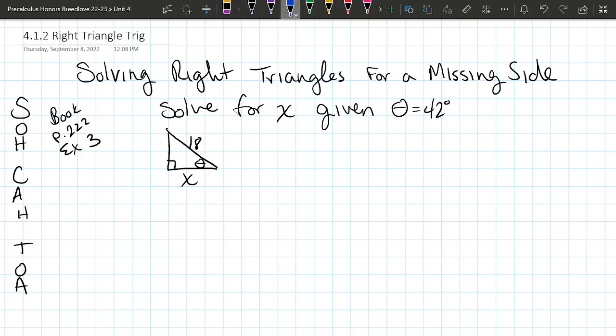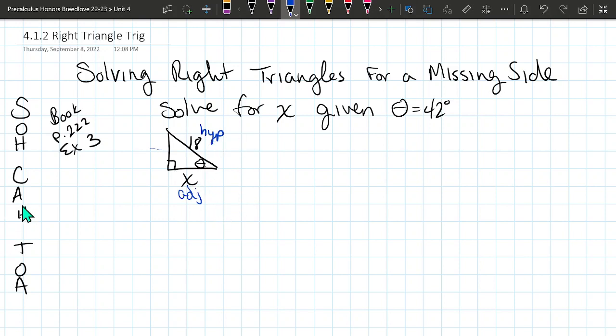Since theta is in the bottom right corner, across from that is the opposite, but there's nothing over there, so we don't want to use that piece. So the x is the adjacent side, and the 18 is across from 90, so it's the hypotenuse. So we're using adjacent and hypotenuse.